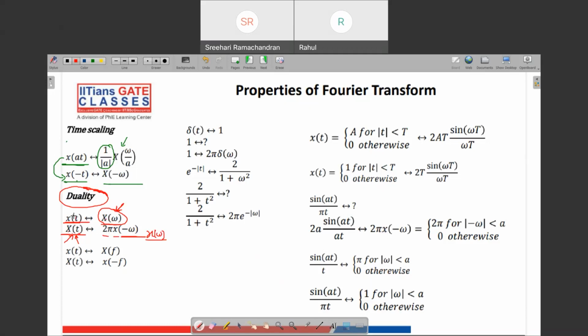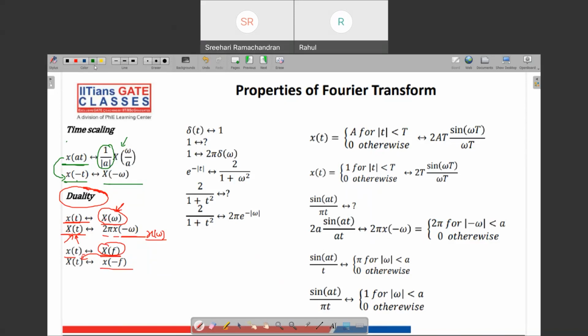In the f domain you can write it a different way: x of t has Fourier transform X of f, then you have another signal capital X of t which looks like X of f. If you take the Fourier transform, it will be x of minus f. This is what we call the duality property. Let's see what this duality property means here.